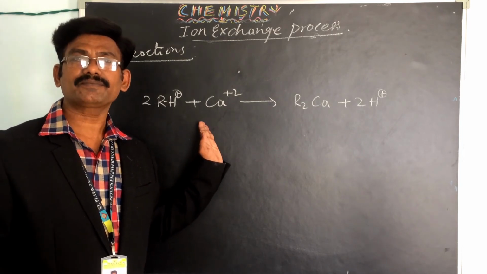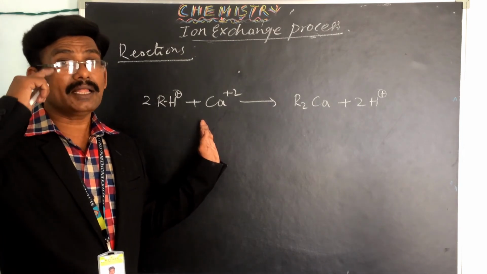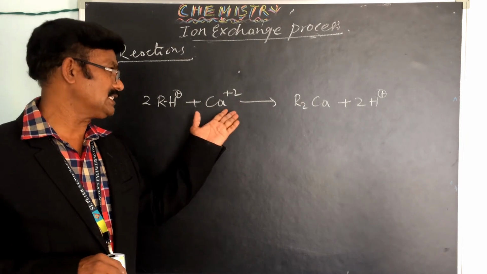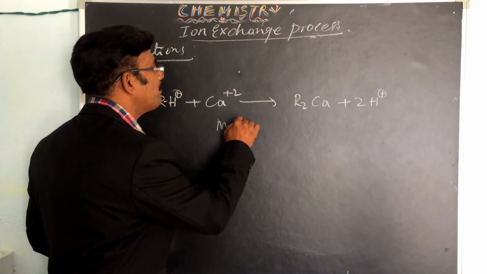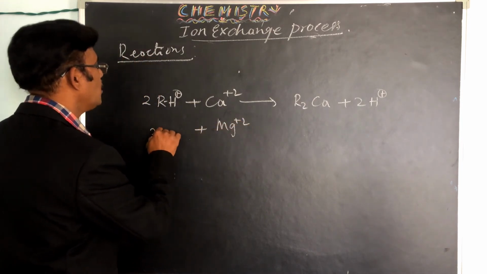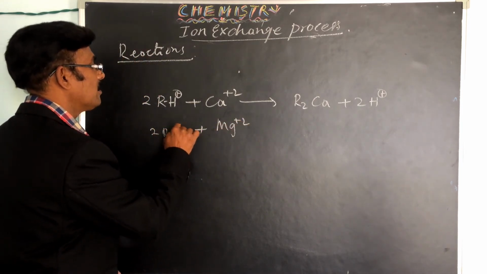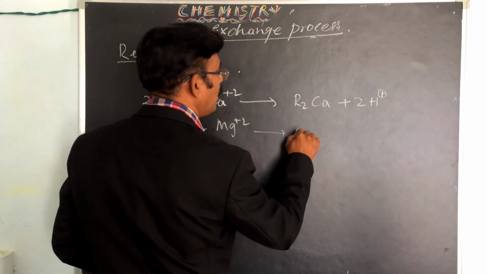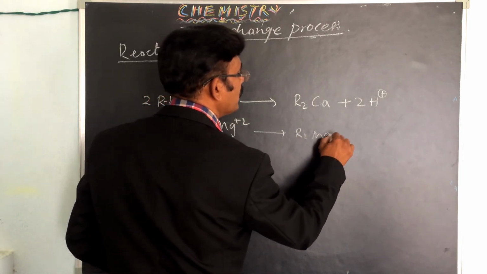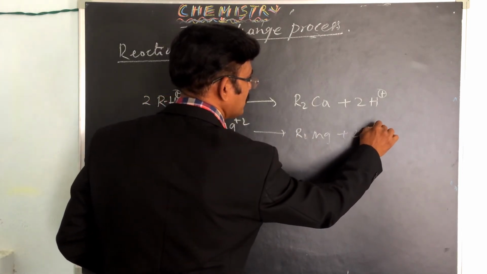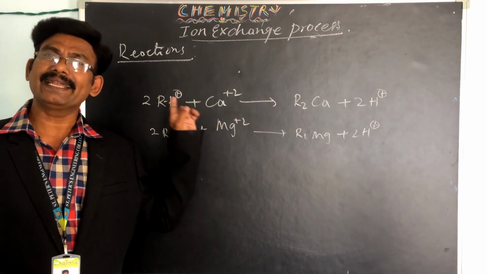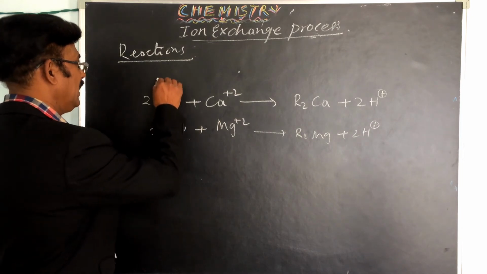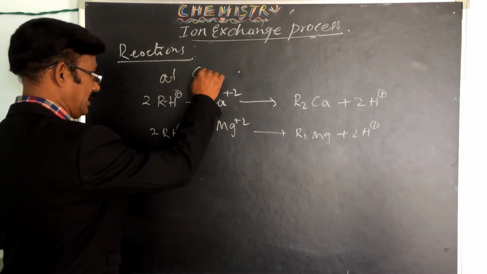So this is the first equation. If magnesium plus 2 is there, what happened? Magnesium also reacts with 2RH plus to form R2Mg plus 2H plus. So this is the reaction occurring at the cation exchange resin.